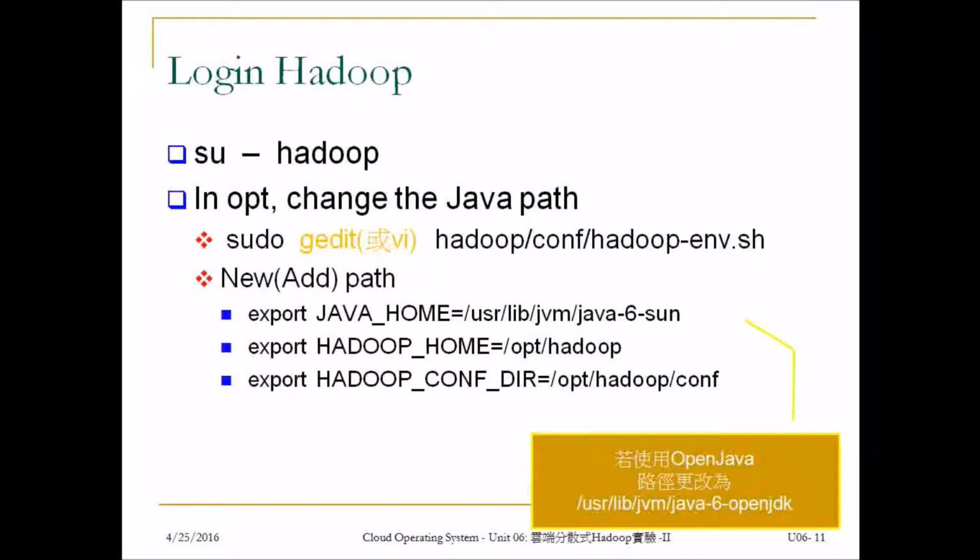So you need to add the hadoop-environment.sh to add the new parameter path. Of course, if you use a different Java programming language package, you need to configure your path correctly.